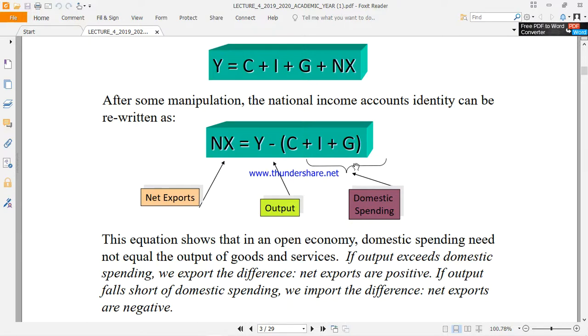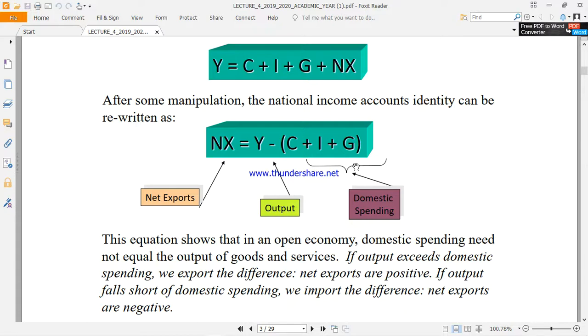So the first step is that net exports is just the difference between what we export and what we import. If what we export is greater than what we import, then we're going to have a positive trade balance. And if the trade balance is positive, our economy is doing well, because we are selling more than we are buying, so we are getting more money than we are spending. But the opposite is also true.